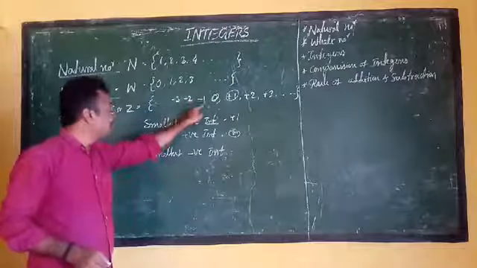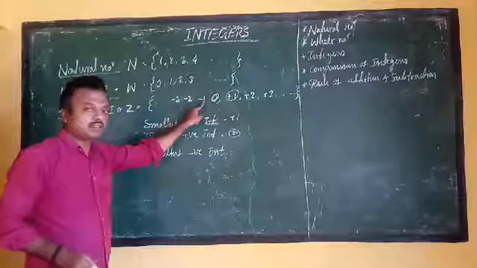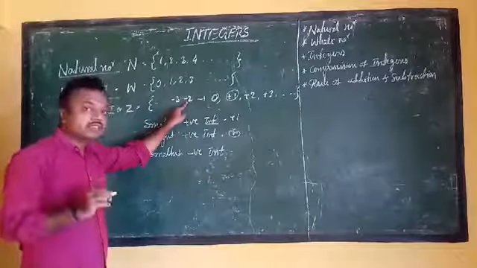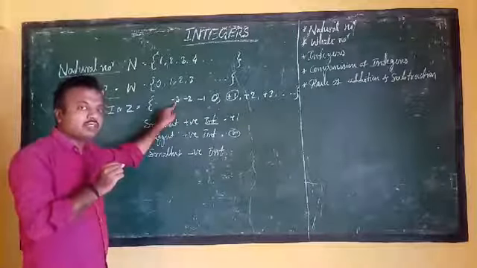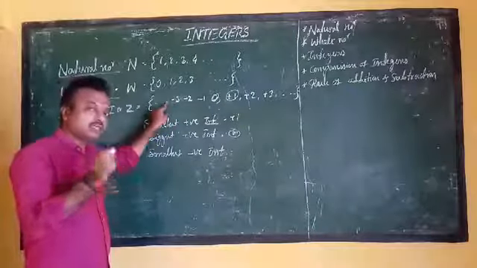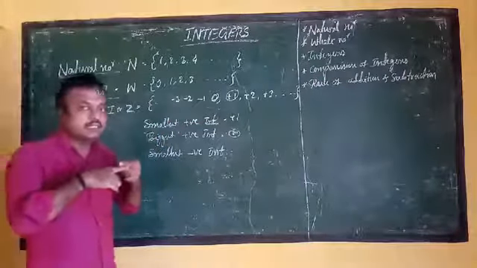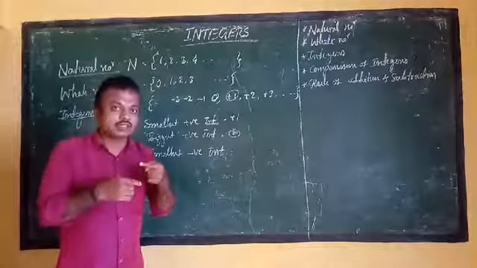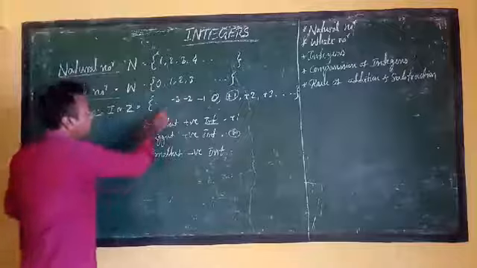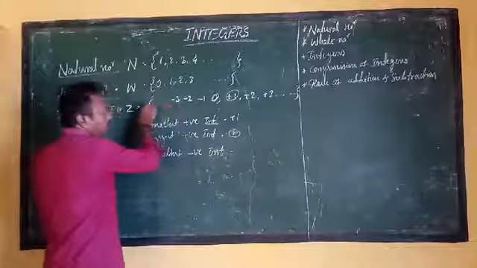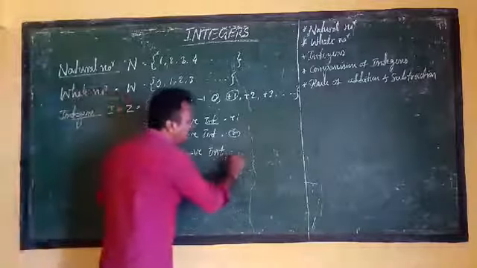Which is smaller, -2 or -1? -2 is smaller. Compare -2 and -3: -3 is smaller. Compare -3 and -4: -4 is smaller. So when the negativity increases, the value decreases. Negativity increases, value decreases. So -3, -4, -5, and so on. So the smallest negative integer is infinity.